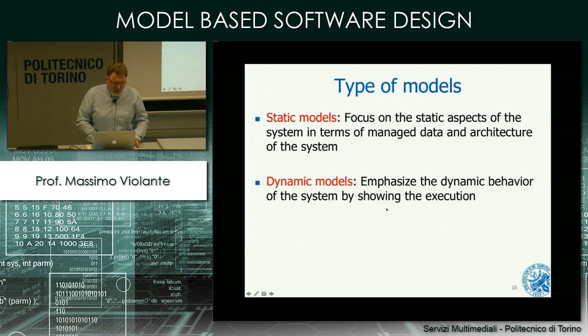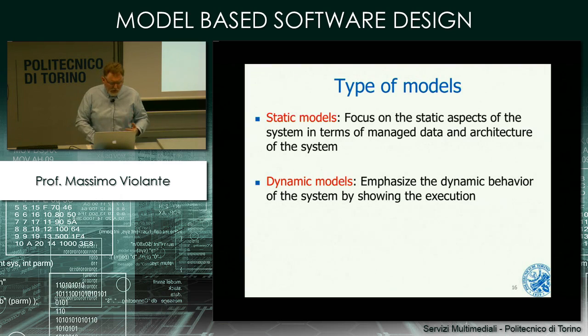Then you can have dynamic models where the emphasis is on the input-output relationship that the model has to provide. So these are models that you can simulate. These are models where you specify the rules, the laws, the algorithms that take a set of inputs and generate a set of outputs.